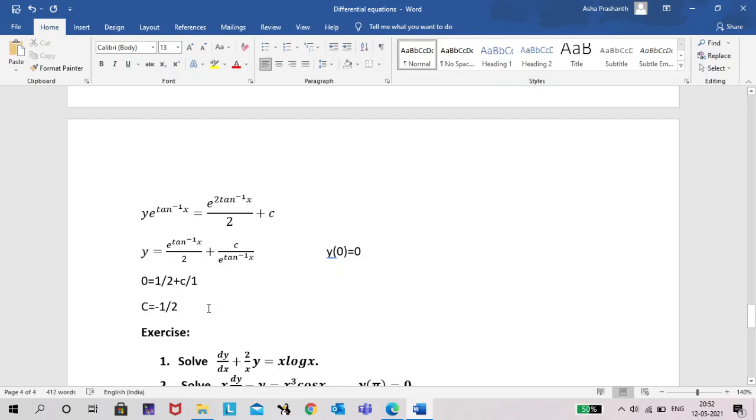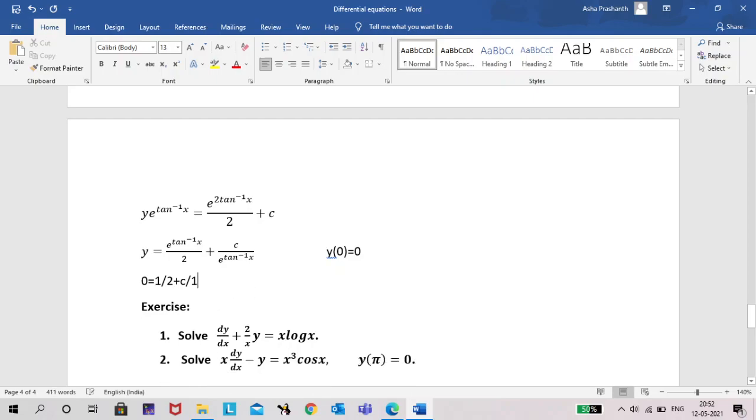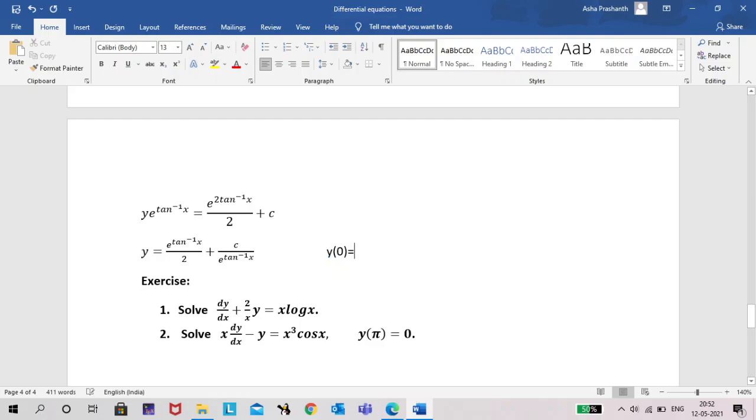This is the way of calculating this. And I'm sending this first method, the linear differential equations. Along with this, I'm sending the whole differential equations PDF of your textbook, not the notes.